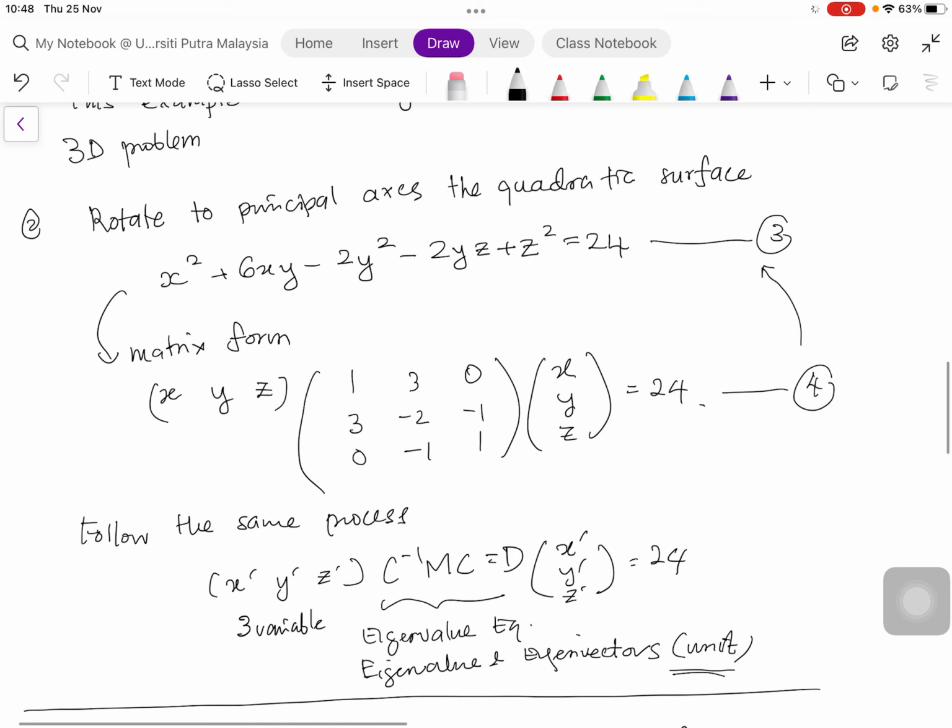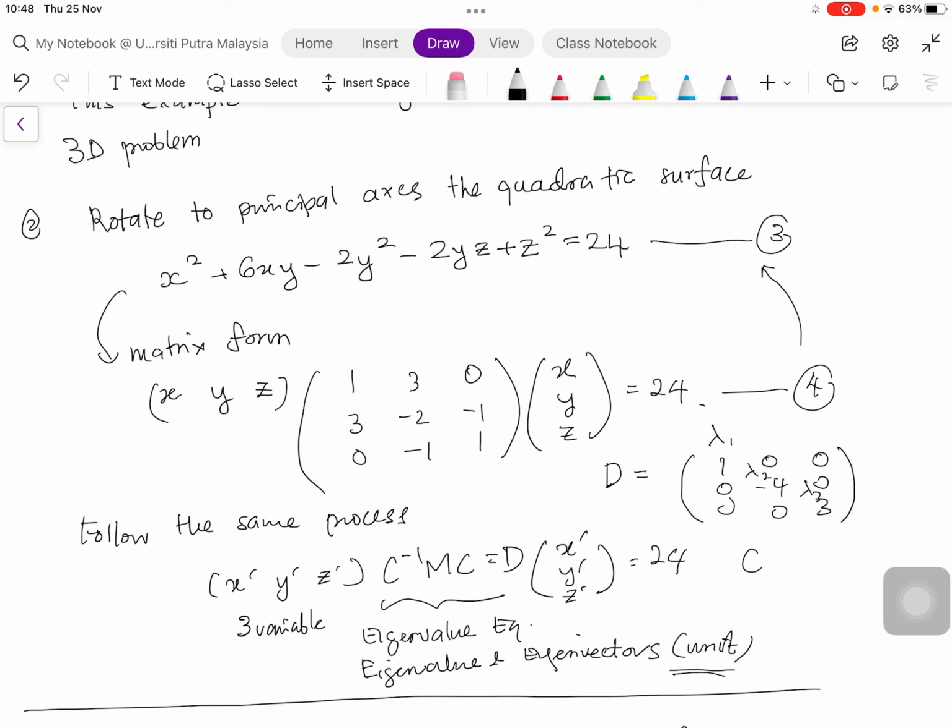In this case, the diagonal matrix is written in the form of 1 0 0, 0 minus 4 0, 0 0 3, with entries only on the diagonal. For each of these eigenvalues, you can find their associated eigenvectors.